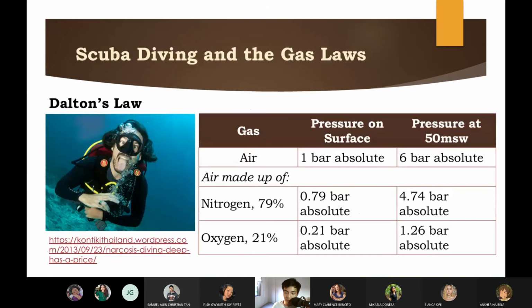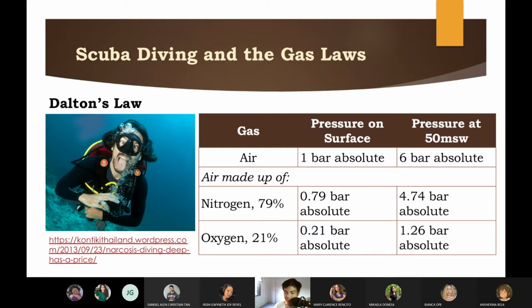So ito, air is made of 79% nitrogen. Actually, this is 78, no? Then oxygen is 21, then yung 1% is the other gases. Okay?